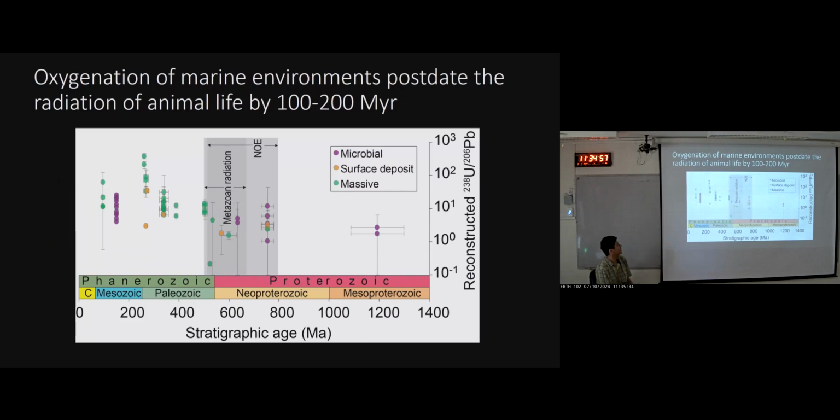Right, and so we accept now that this reflects a rise in the levels of oxygen of marine environments, marine habitats, and this rise comes much later, like between 100 and 200 million years after the radiation of metazoan, or animal, I should say, life and the time of the NOE.